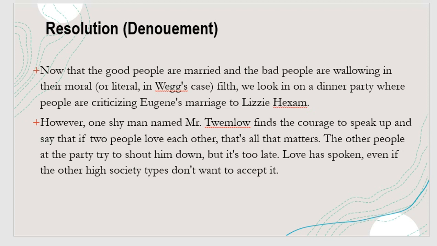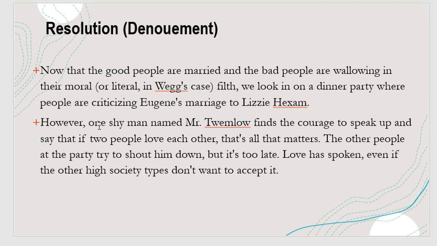But we need to remember the case of Eugene's marriage to Lizzie Hexam. We can also find a dinner party about Eugene's marriage to Lizzie Hexam, and how people criticize them based on their morality or their bad behavior.